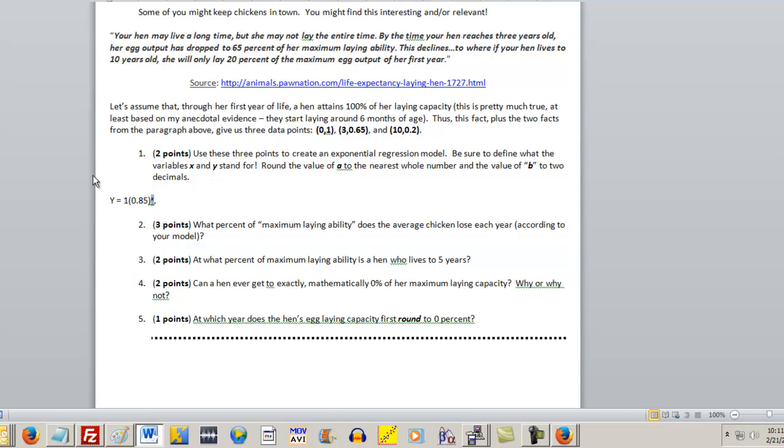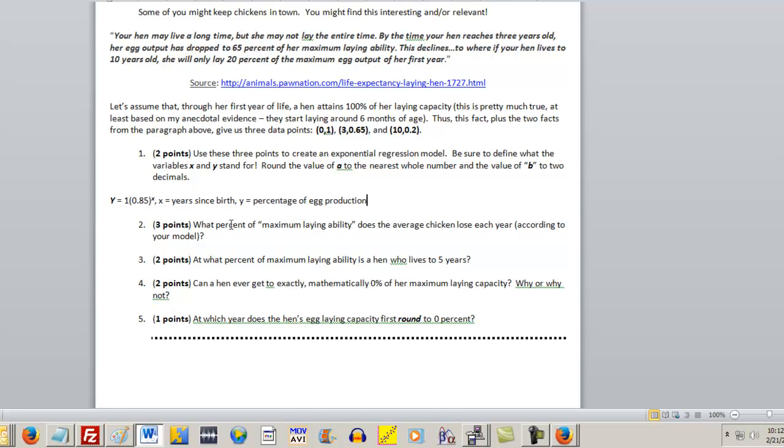X is going to be defined as years since birth. So in other words, how old is the chicken? Essentially, years since egg production started. And Y is going to be the percentage of egg production. Okay, so those are your two variables.